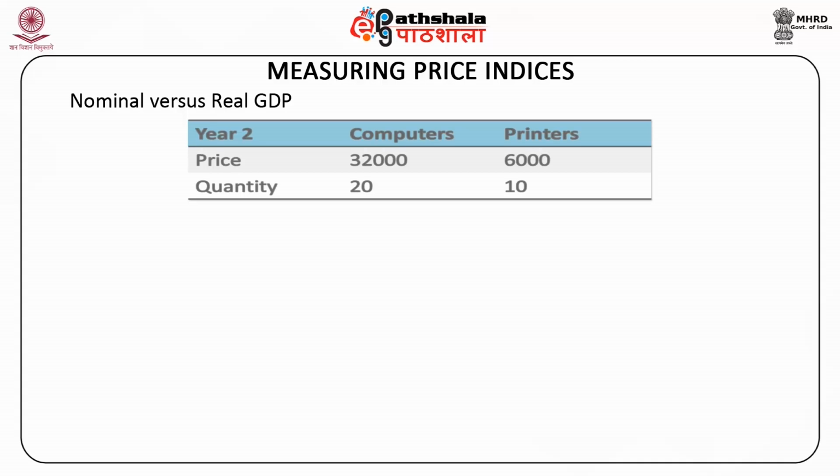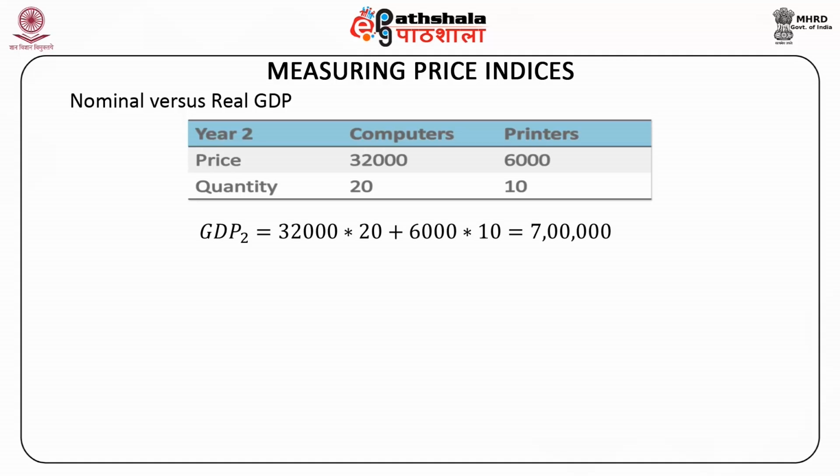Therefore, the GDP in year 2 will be equal to 32,000 multiplied by 20 plus 6,000 multiplied by 10, which will be equal to 6,40,000 plus 60,000, that is 7 lakh rupees. Therefore, we can see that the GDP has increased from 3,25,000 to 7 lakh.